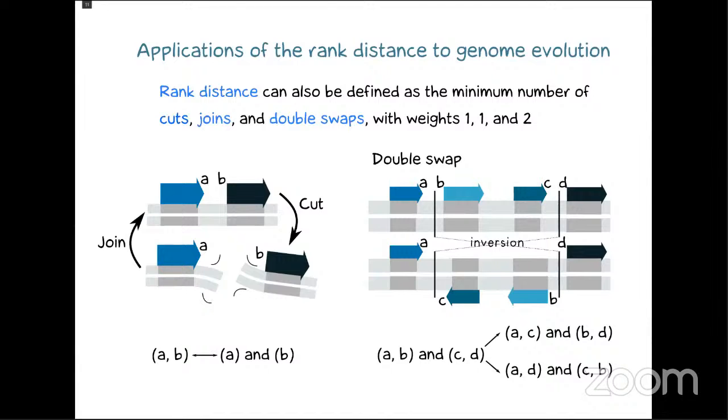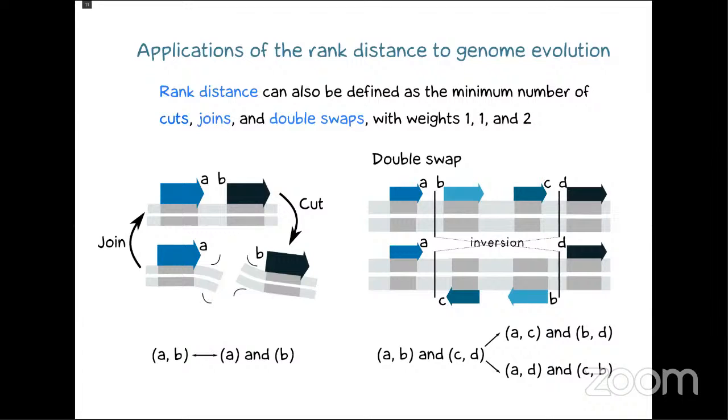Okay, so that's a link in the genome that's broken or reenacted. And then you have the double swap, where you have 4 extremities involved in pairs, 2 by 2 linked by adjacencies, and then you just replace these adjacencies by another matching of these 4 nodes.